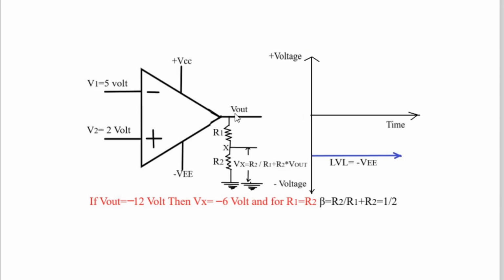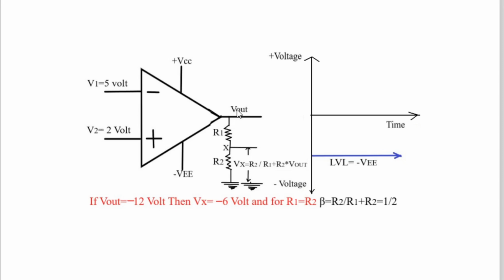So here now the potential divider circuit is the same: upper resistor R1, lower resistor R2, junction is X. So the voltage at this point X is given by the same formula, but now the output voltage is minus 12 volt, because minus VEE is equal to minus 12. So here, if the output is equal to minus 12 volt, then Vx is now minus 6 volt, not plus 6.